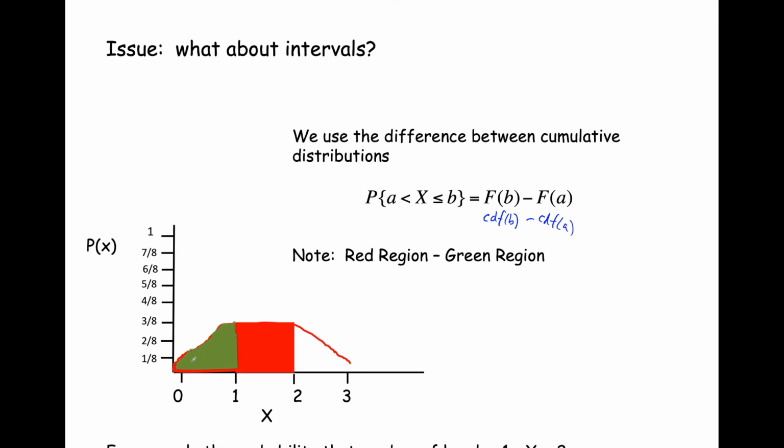And so here on the distribution in graph format, the red shaded area is the area under the curve for f of b. So in this case, b is 2 and a is 1. And then the green shaded region is the area under the curve for f of a. And so in this case, that would be the CDF evaluated at 2 minus the CDF evaluated at 1.